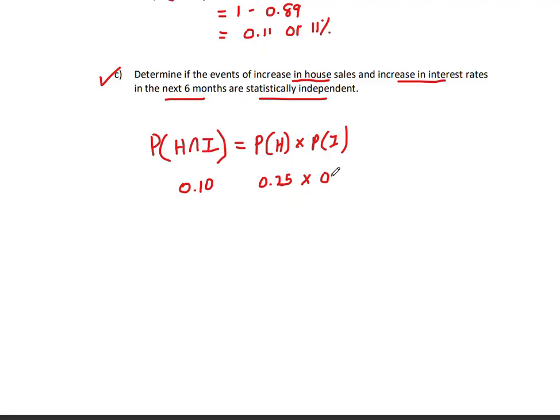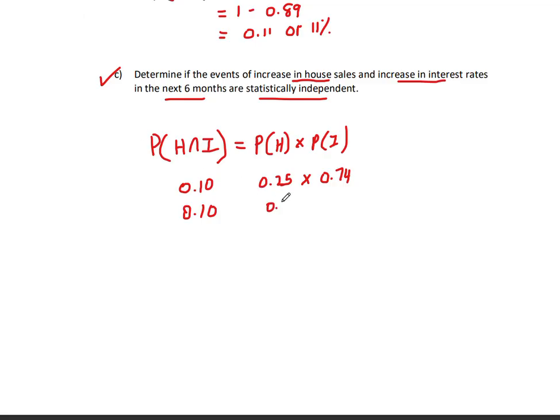So is the left-hand side equal to the right-hand side? Let's see. We have 0.10, and then we multiply 0.25 by 0.74, and what we get there is approximately 0.19.